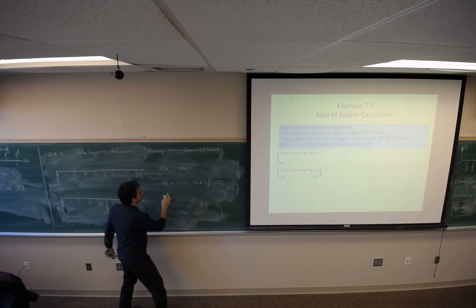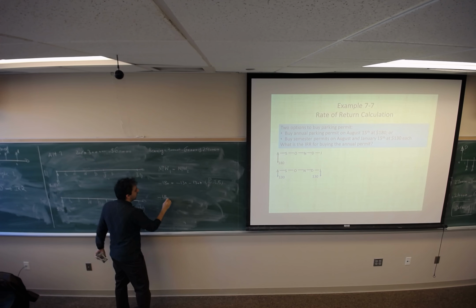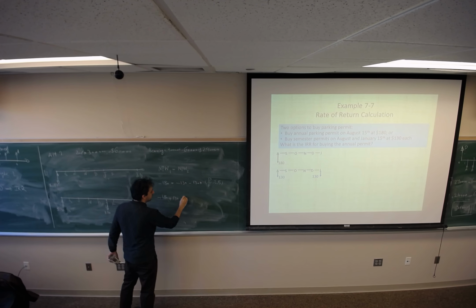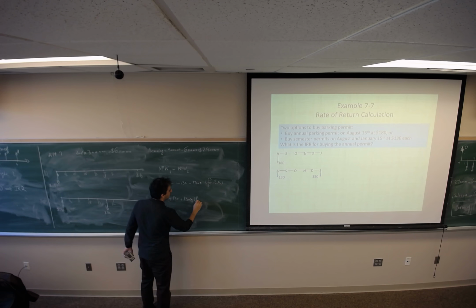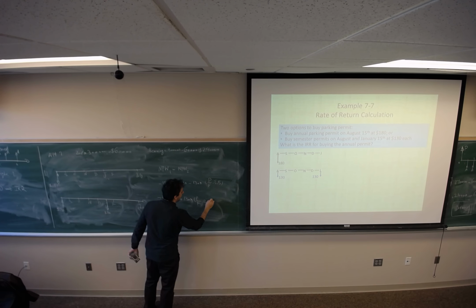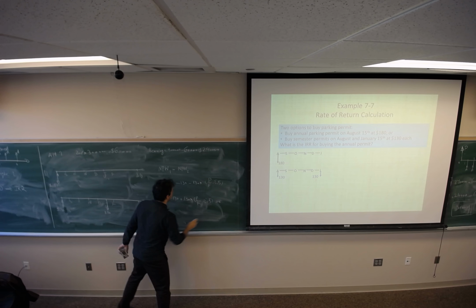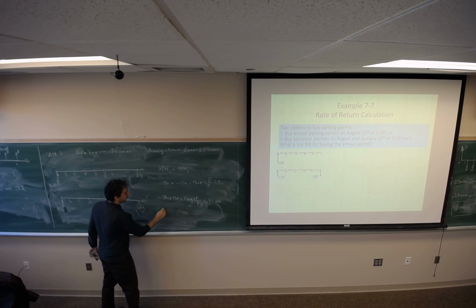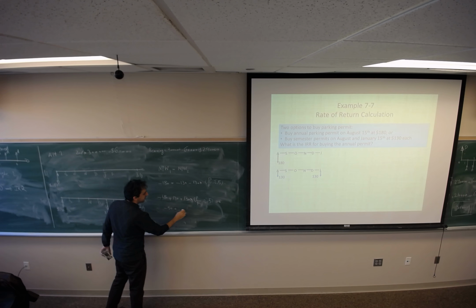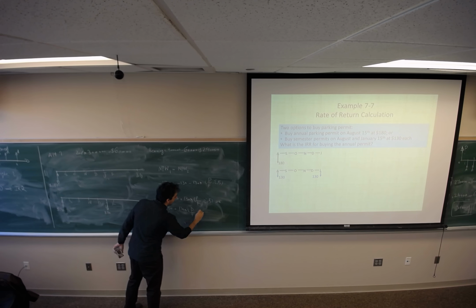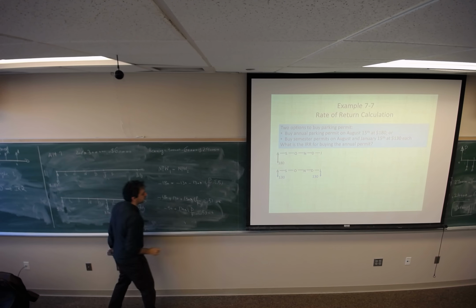So negative 180 plus 130 plus 130 times P over F, i, 5 equals 0. Negative 180 plus 130 is going to be negative 50. Negative 50 plus 130 times P over F, i, 5. Set it equal to 0.